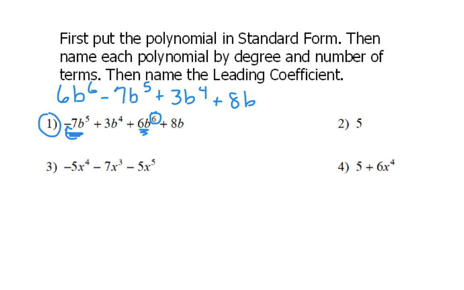So this is written in standard form. Again, decreasing order of exponents. I can name it by degree and number of terms. This is just a 6th degree polynomial with 4 terms. Its leading coefficient is the number in front of that first term. So its leading coefficient would be 6. Okay, take a minute and try these other 3.